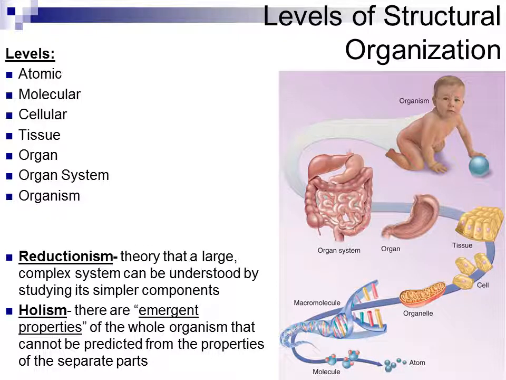As we study human biology throughout Biology 131 and 132, it is important to recognize that there are different levels at which we can study anatomy and physiology, different levels at which we can study the structure and function of the body. This semester, we will be starting at the very basic level and working our way up, starting at the atomic level and working our way up all the way to the whole organism.